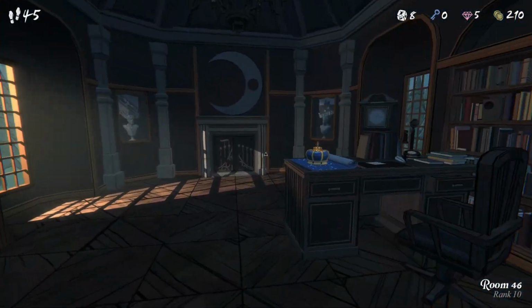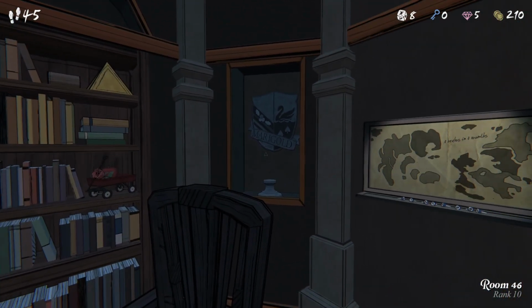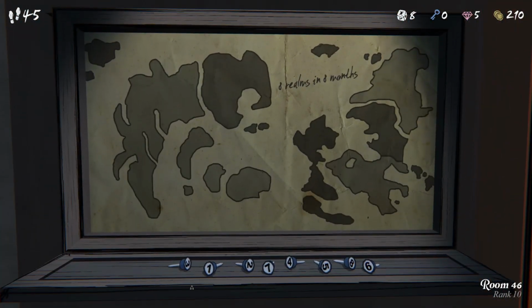46 steps at room 46. The sacred hour. Marigold is missing, of course. Okay, let me try it. So, one white bear. Eight is white around here.